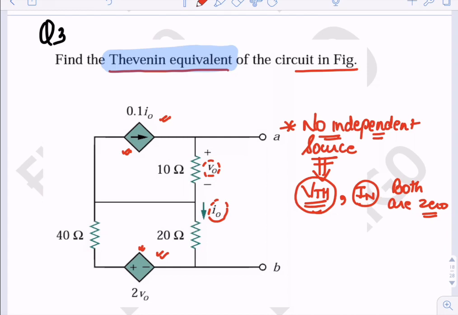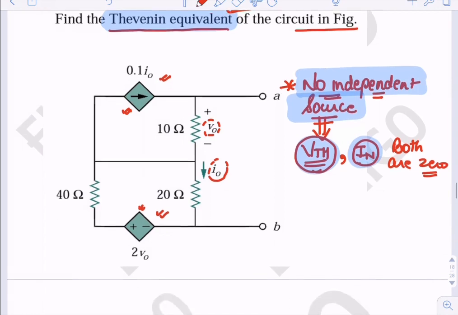So if the circuit has no independent source, then clearly the first step is that VTH and the Norton current IN both are 0. In the Thevenin equivalent we do not have to find VTH, it will be 0 because there is no independent source.